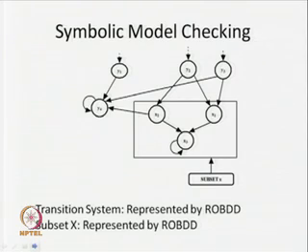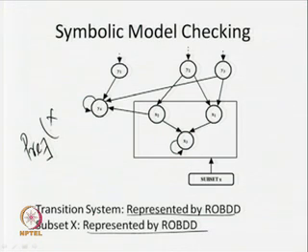Now, the whole transition system we can represent with the help of ROBDDs. If we have a subset of x, it can also be represented by ROBDDs. Now, we have to see how we are going to evaluate this particular predecessor step. Already we have seen that if I can get a procedure for pre there exists x, it is going to give me all the states from which at least one transition is coming to this particular subset x.